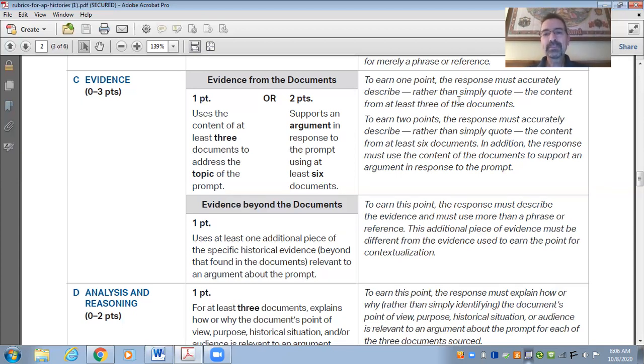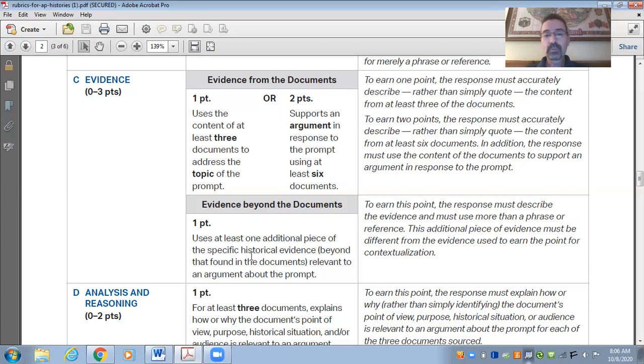You cannot simply draw quotes from them and throw them into your essay and hope you're going to get points. You have to describe what the document's actually saying. And more importantly, your description of what the document's saying has to actually support what it is you're arguing in your thesis. So there are 2 of the 4 points.